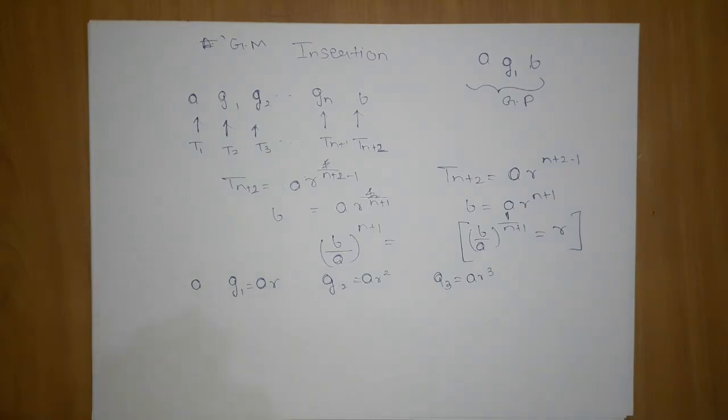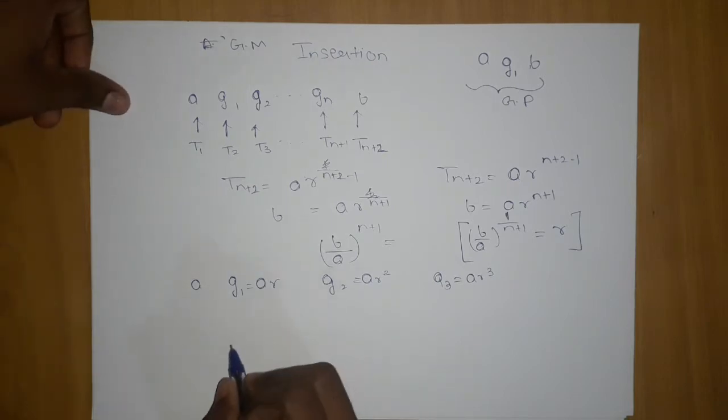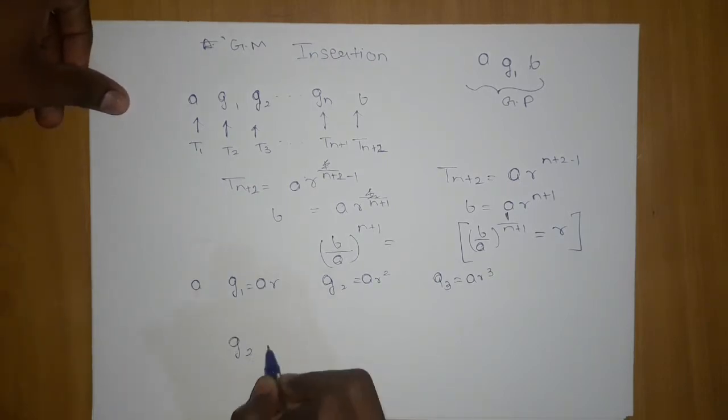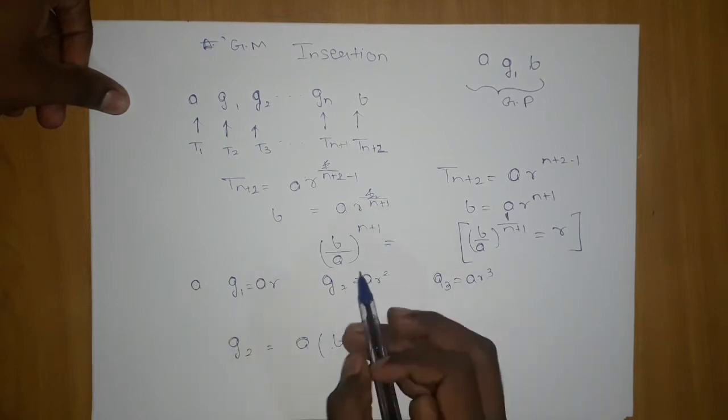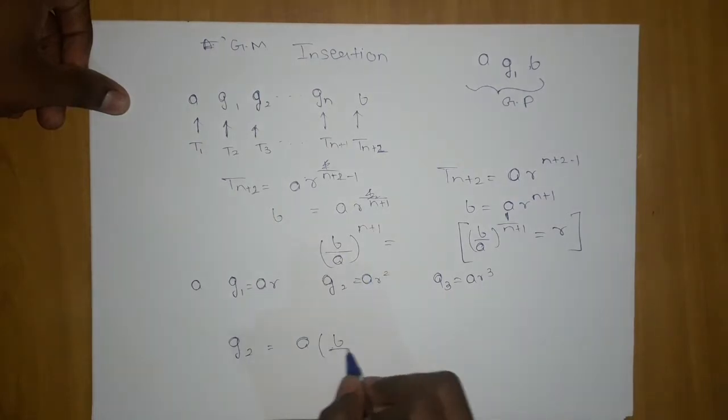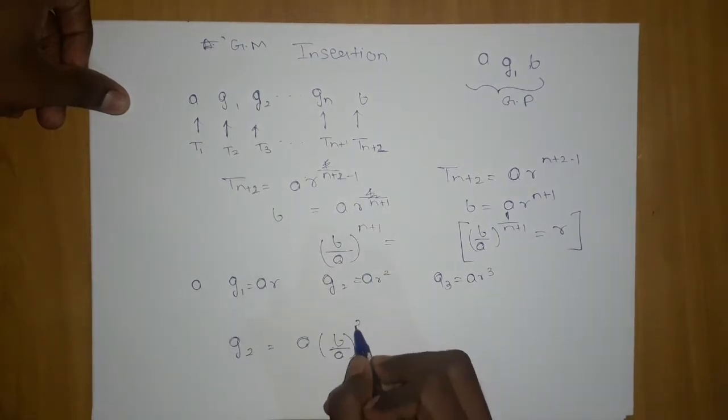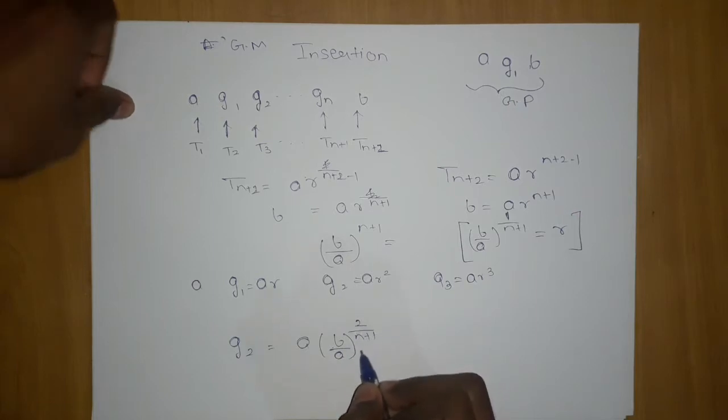Now further on, there is a direct method also. If I want to calculate some gm, say g2, it will be a into r squared, where r is (b/a) to the power 1 upon n plus 1, so it becomes a into (b/a) to the power 2 by n plus 1.